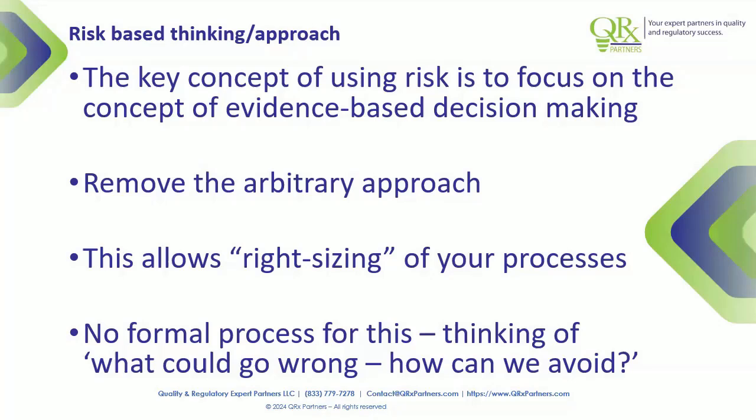CAPA investigations or complaint investigations, in particular, because the investigation doesn't have anything associated with it with regard to time, right? You have to decide how much time is sufficient. A low risk might be 90 days, medium risk 60 days, high risk 30 days or 10 days or whatever it might be, to get those investigations done.